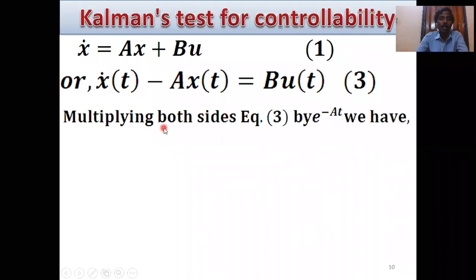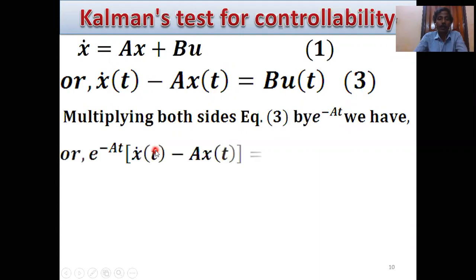Then multiplying both sides by e to the power minus At, we get e to the power minus At multiplied on the left hand side terms and on the right hand side terms.